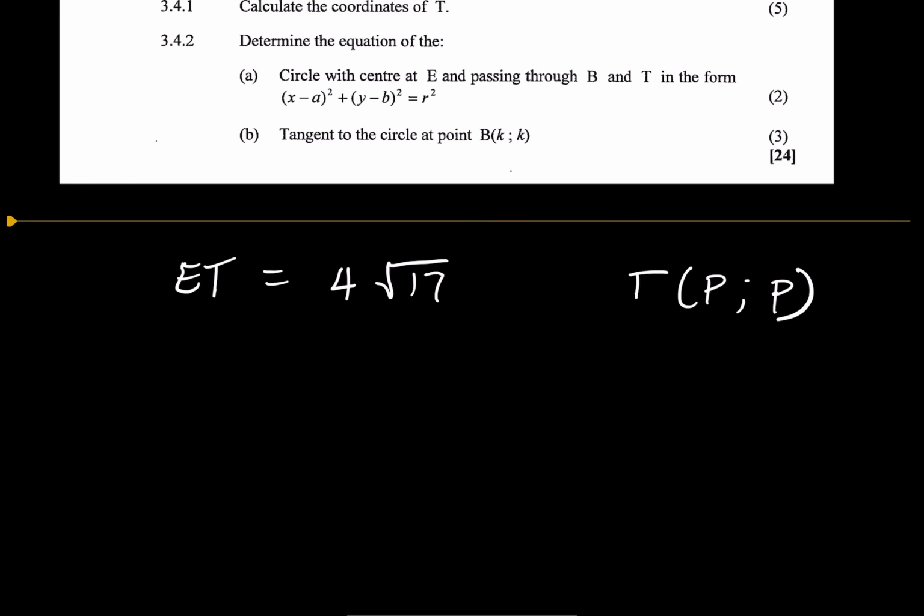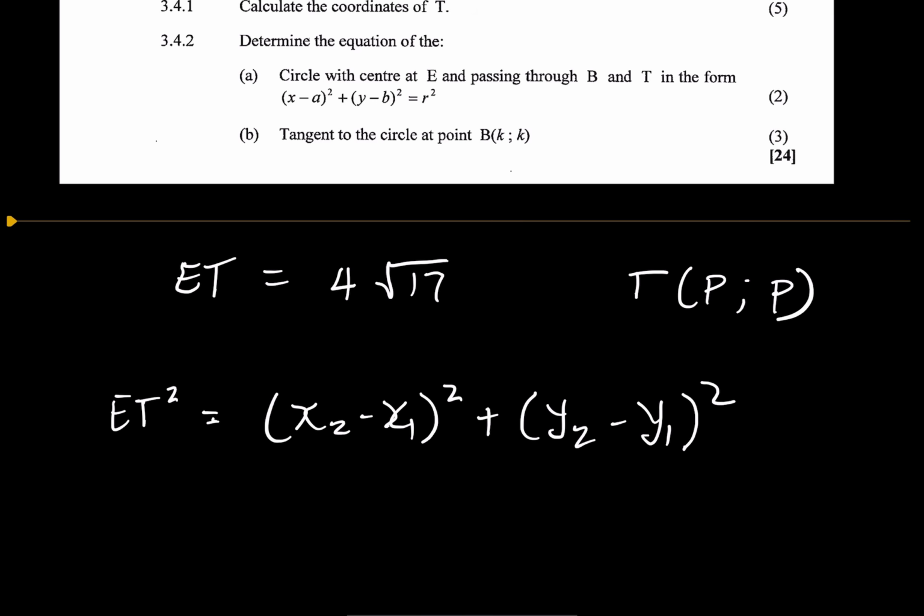So we use our distance formula: ET squared is equal to x2 minus x1 squared plus y2 minus y1 all squared. We know this is going to be 4 root 17.